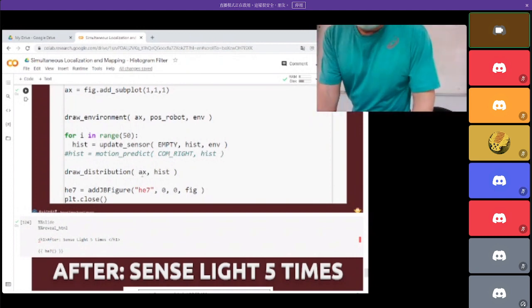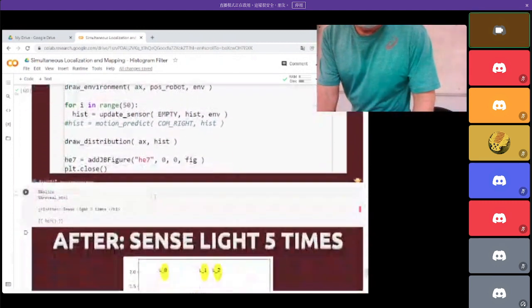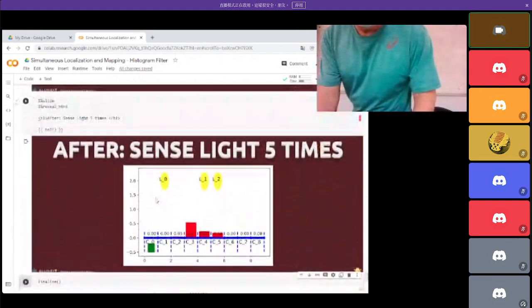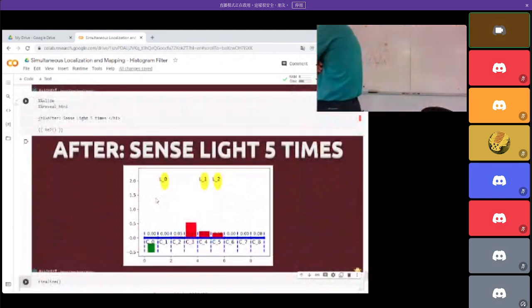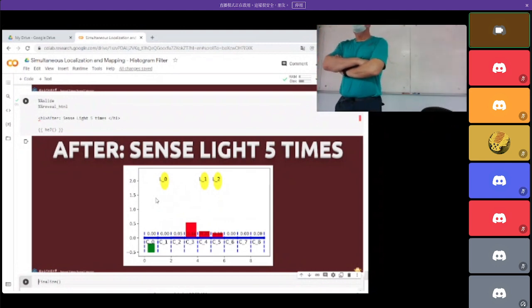Okay, so now we have the histogram filter, because this is a histogram of the environment here with our probability distribution discretized over the environment. And this would actually allow us to localize our robot if your sensor is good enough and we're driving around.